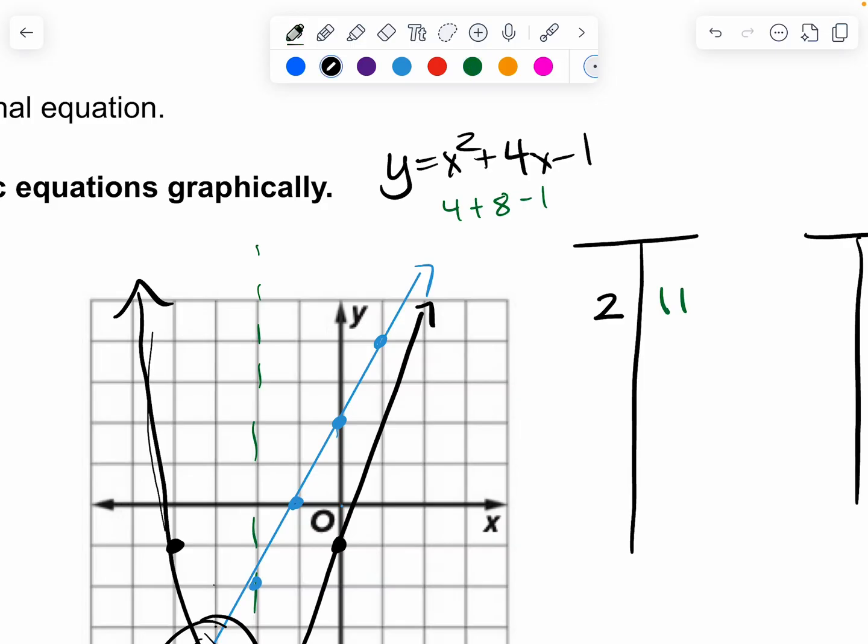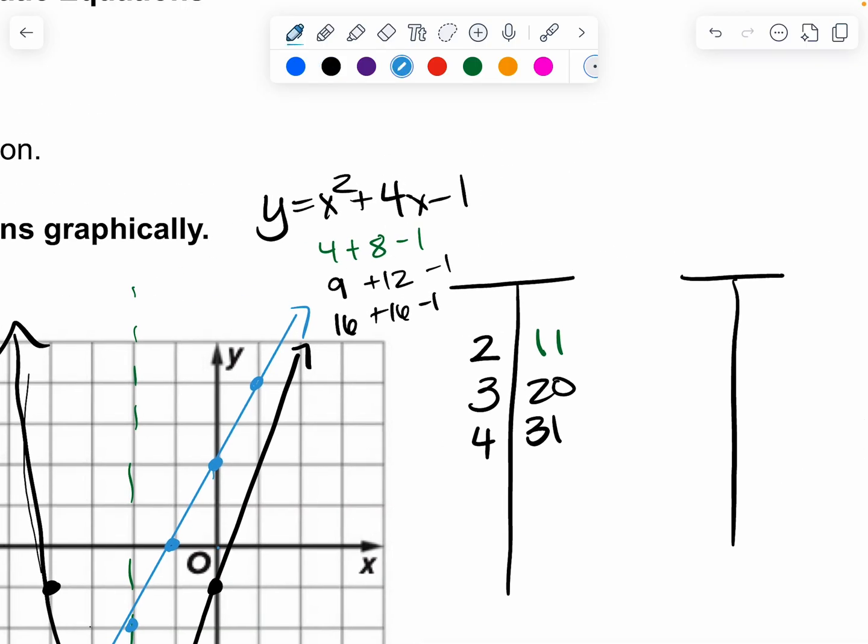If I was to do 3, that would get me 9 plus 12 minus 1, so that would get me 20. If I plugged in 4, that would get me 16 plus 16 minus 1, so that gets me 31. So now let's plug it into the other equation.